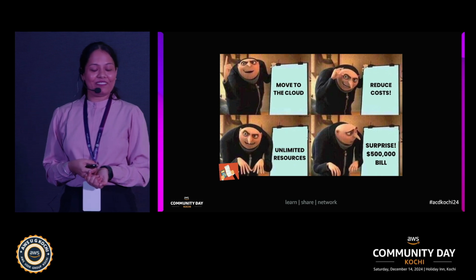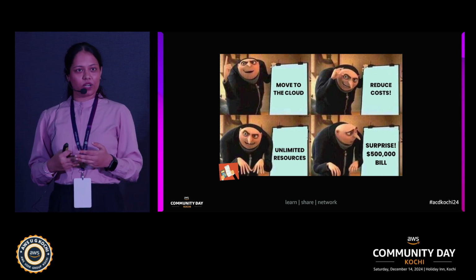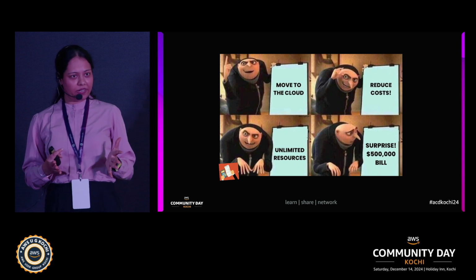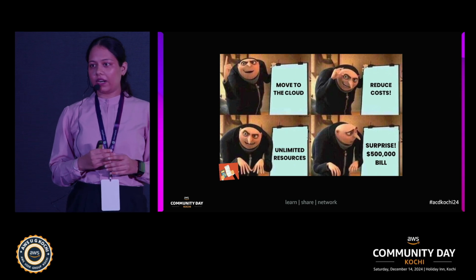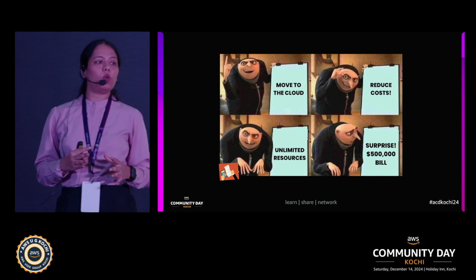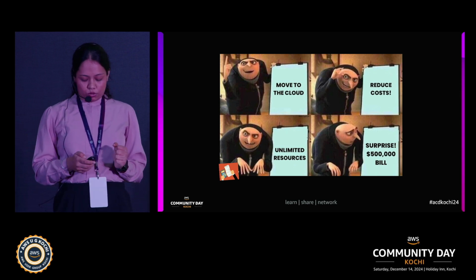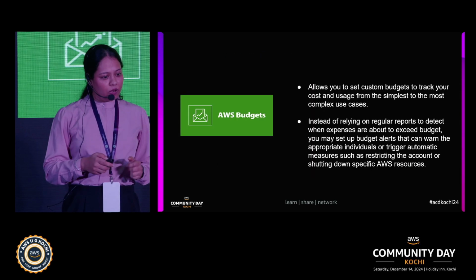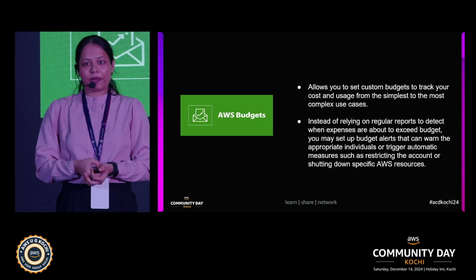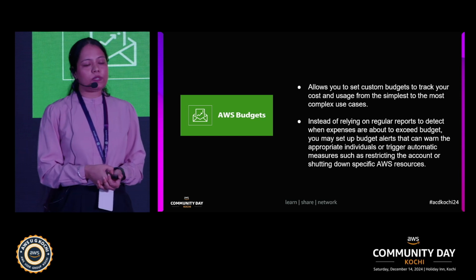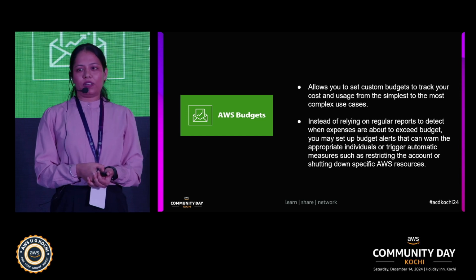In that case, we have to always analyze what we are spending. We have the free tier. In that, we get a few hours that we can run our EC2 instance and certain other quotas, right? That's what the meme is about. So we have to plan our expenditure properly. That will come under AWS Budgets.